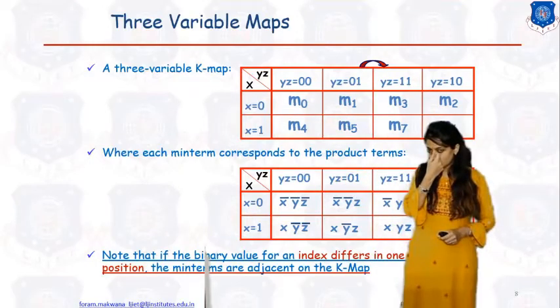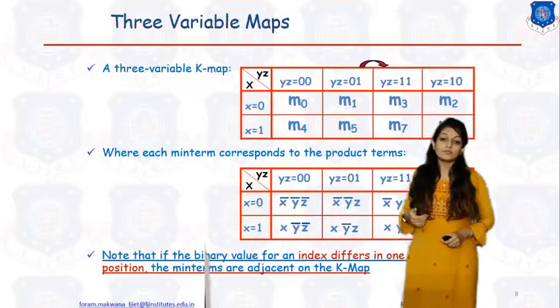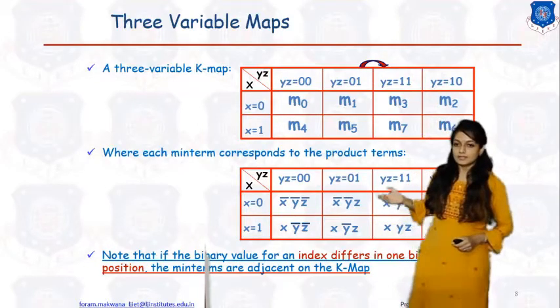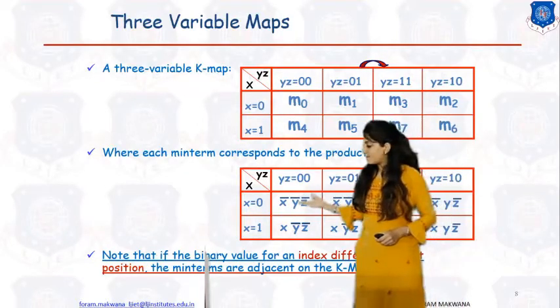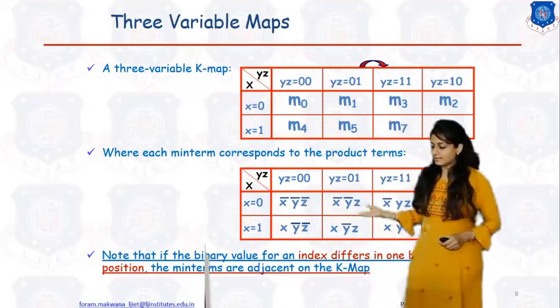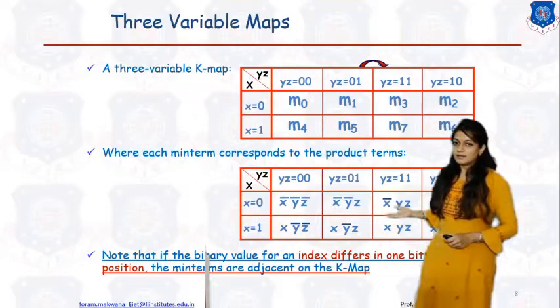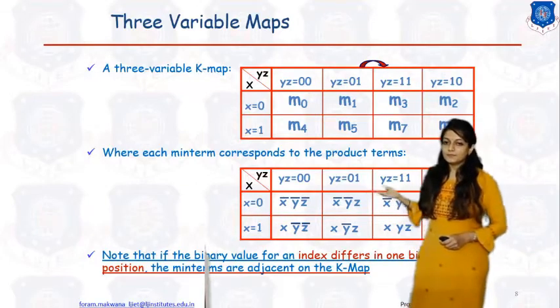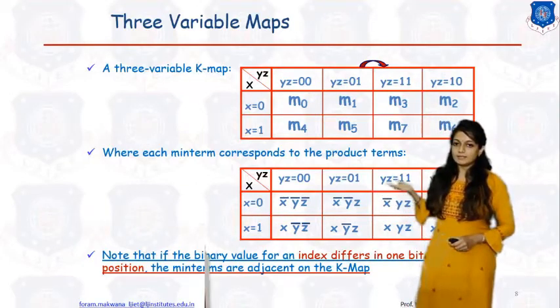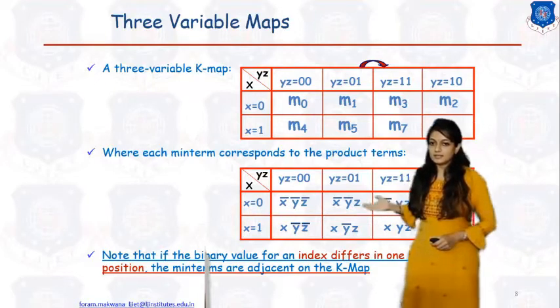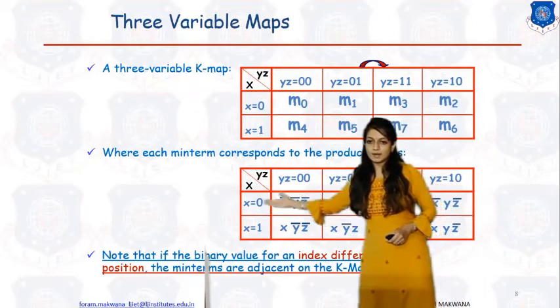Alright. So if we want to write it in terms of min terms, it is like x bar, y bar, z bar, x bar, y bar, z, x bar, y, z. It will be from yz, that means 1, 1. Okay, so yz as it is, and this is in the row of x bar. Why?